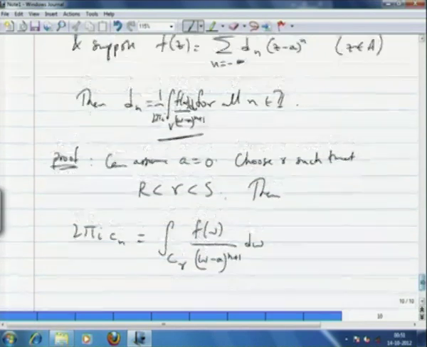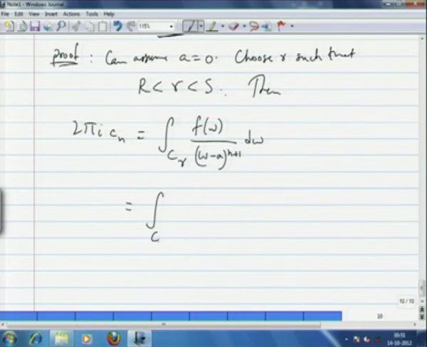And C r is a circle of radius r, once again oriented in the positive sense.